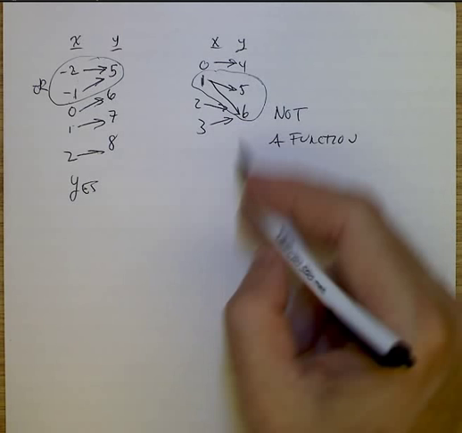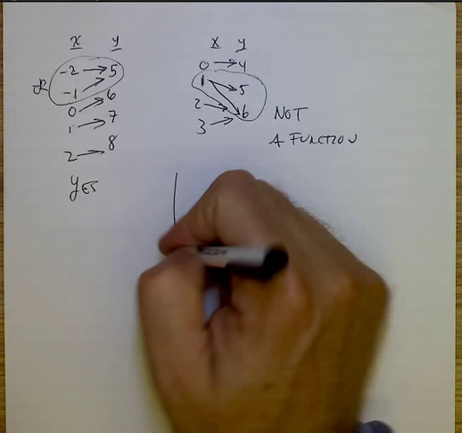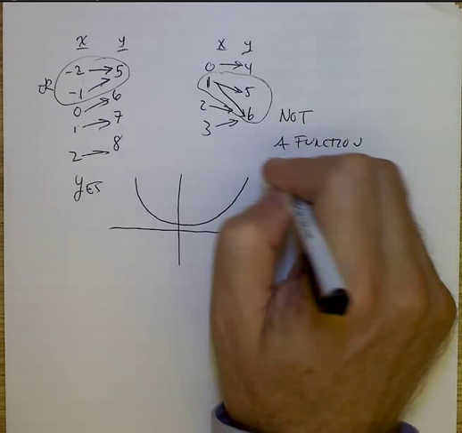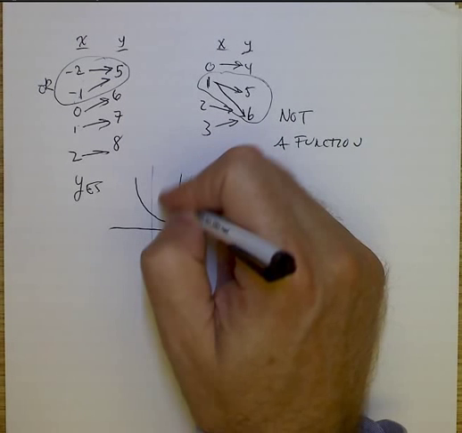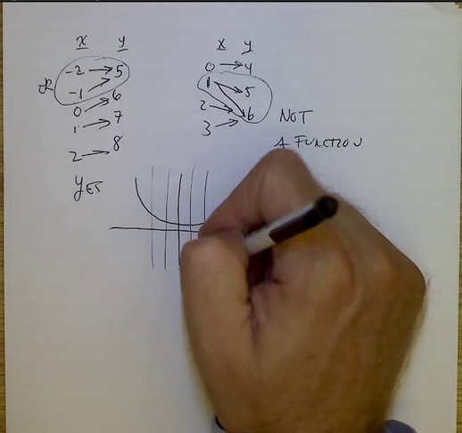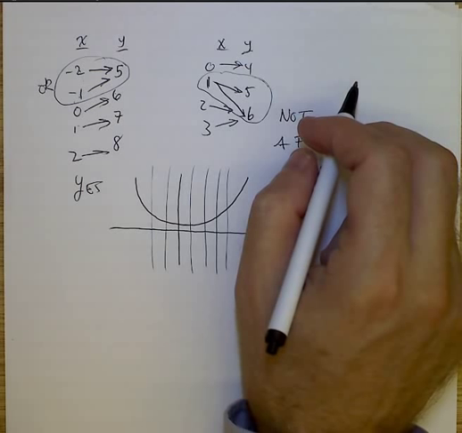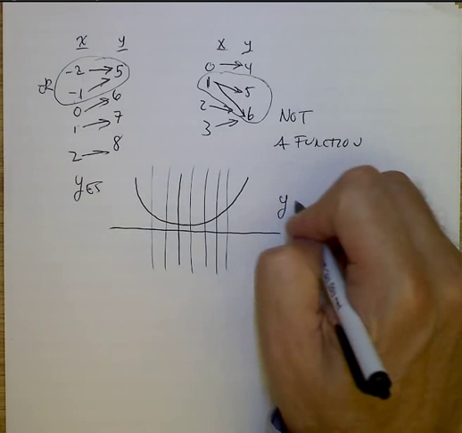The other thing you can do is the vertical line test. Okay, if you had a function that looked like this, if you run a vertical line through the function, if that vertical line hits the graph at one point and only one point, it is a function. This would be a function.